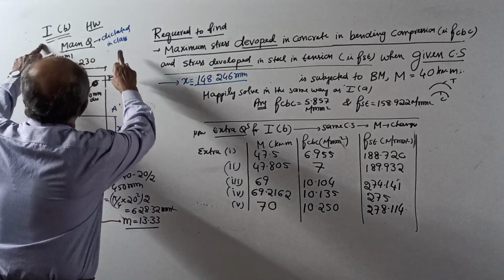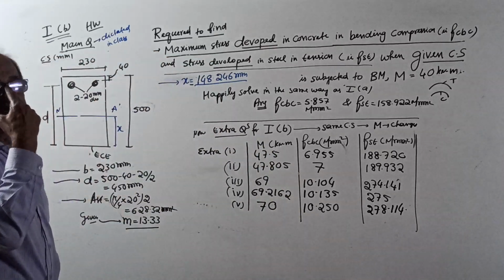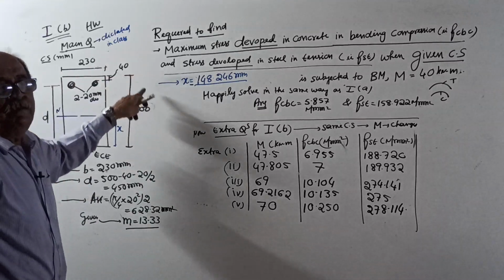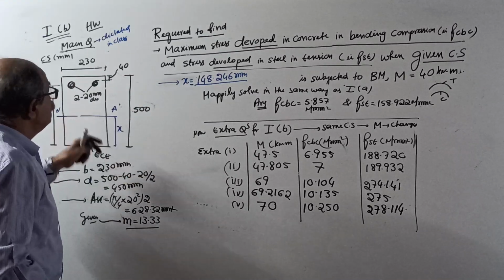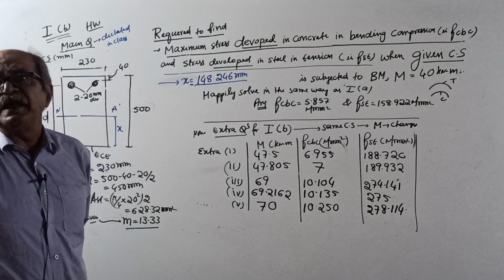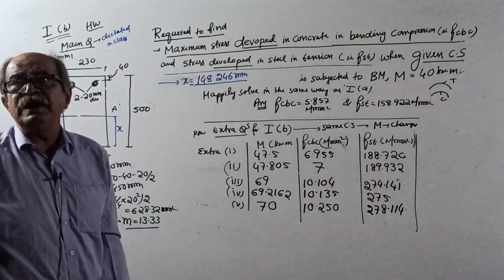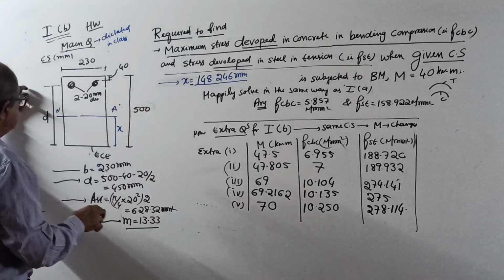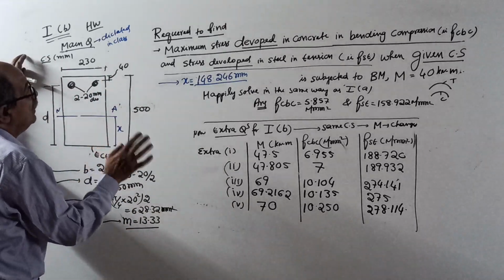A rectangular section of an RC beam, 230 mm wide and 500 mm deep overall, has 2 bars of 20 mm diameter on the tension side at a clear cover, not effective cover, of 40 millimeter. Wide top I will tell you.